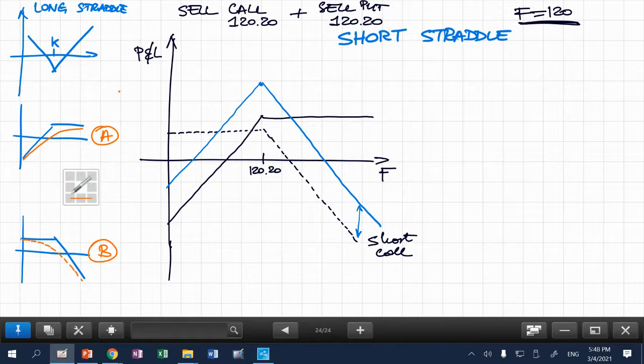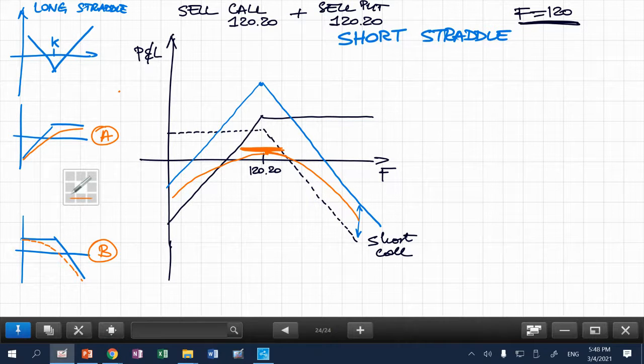What is going to happen here is the following. I would have something that for very extreme levels of the price will start getting closer to the blue line, but for sure it is going to have a maximum, a peak, precisely at 120.20.